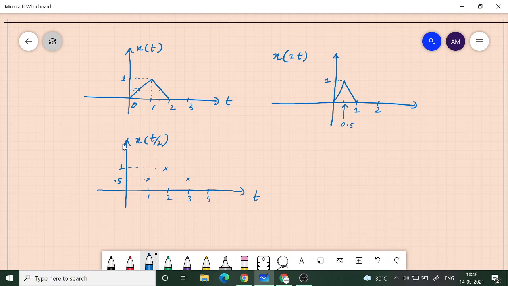Then I put t equal to 4: x of 4 by 2, which is x of 2. x of 2 is 0. So I put 0 here, and then I connect all of this. I get it like this.